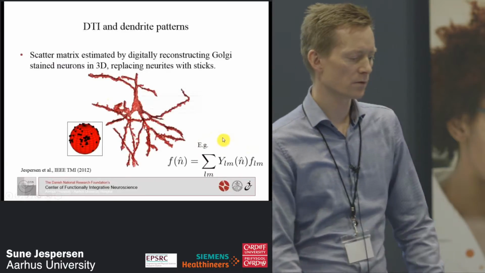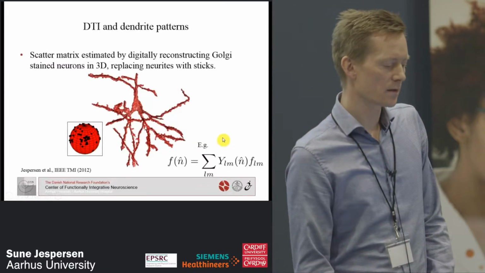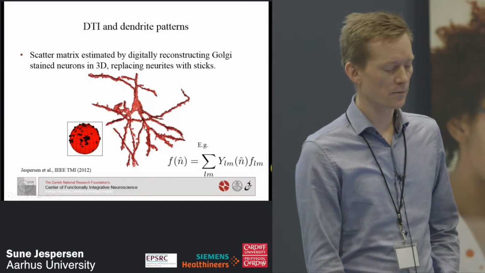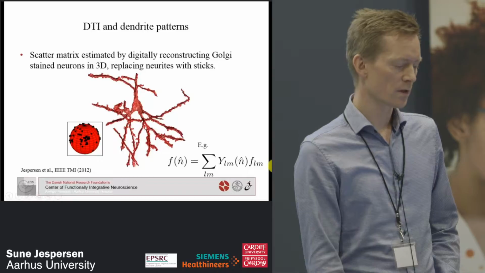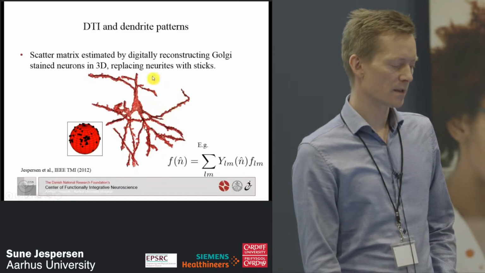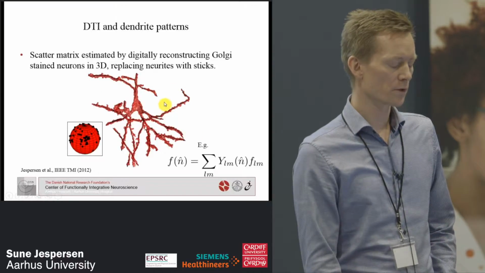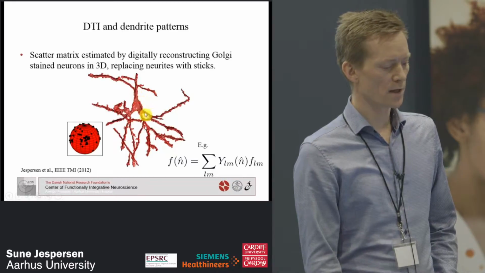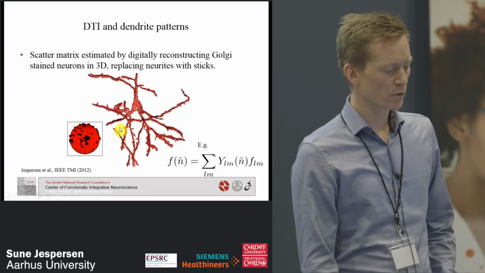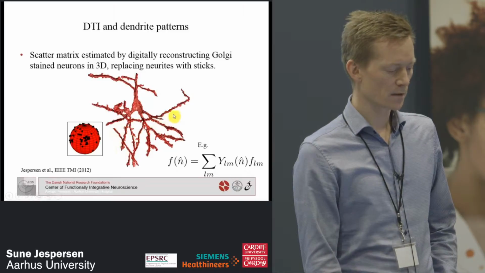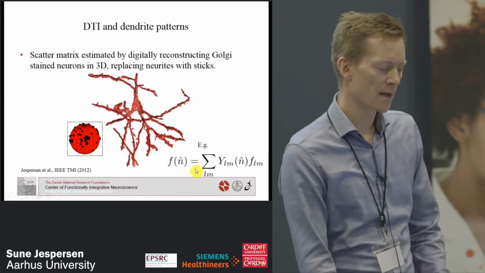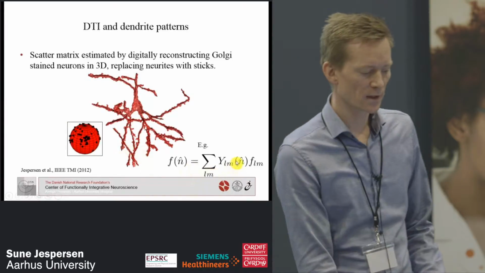So the actual collection of dendrites and axons within a voxel is then captured by the fiber orientation distribution function. You can imagine, for example, here's a digitally reconstructed neuron in 3D, where you can try to estimate the distribution of these cylindrical segments, the neurites. So you get a distribution on the sphere, and you can represent it in many ways. You can expand it in spherical harmonics.